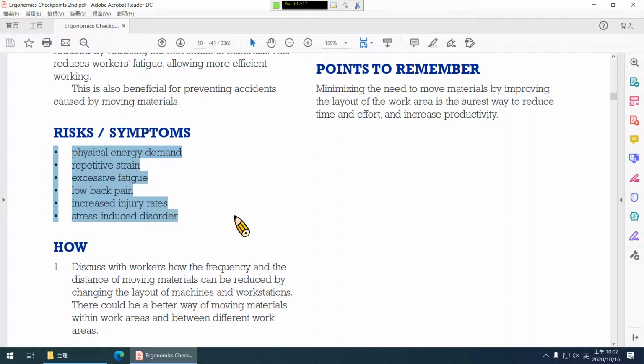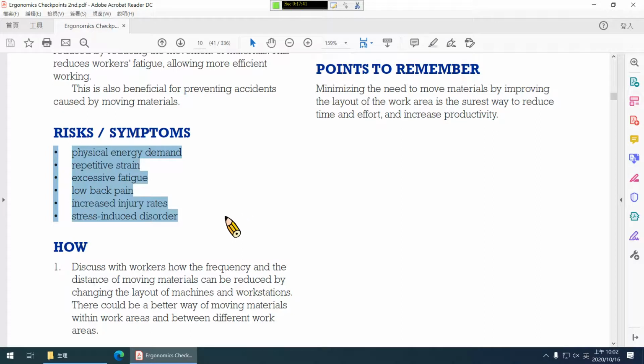Okay? And that's what we are doing today about ergonomics. Musculoskeletal problems, okay, today, they are being confirmed already. So it's one of the risks. So we have to use this kind of checklist, okay, to protect the workers.